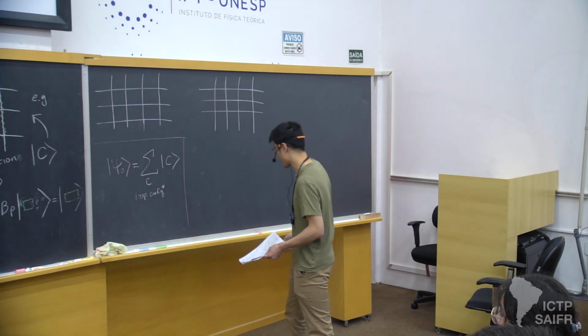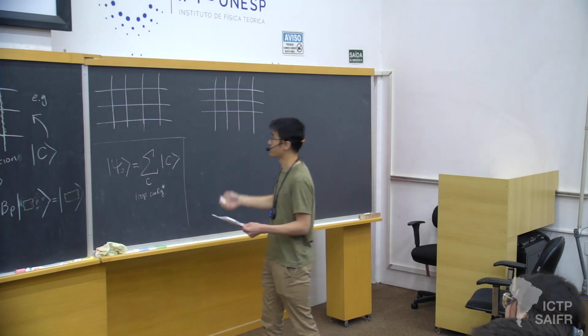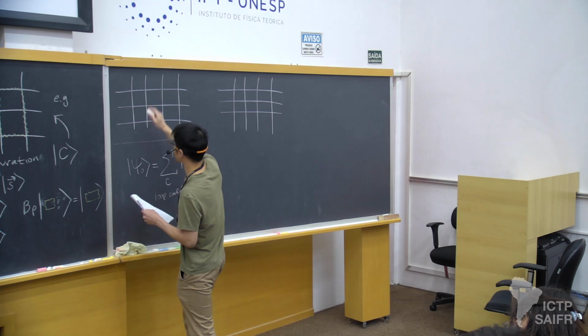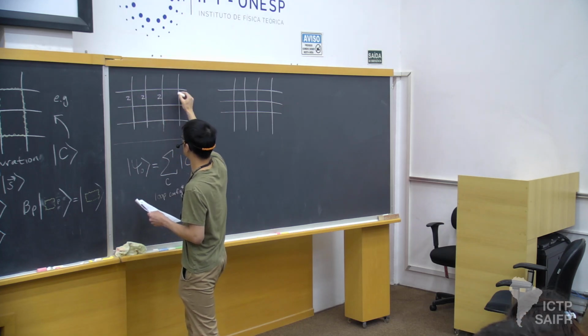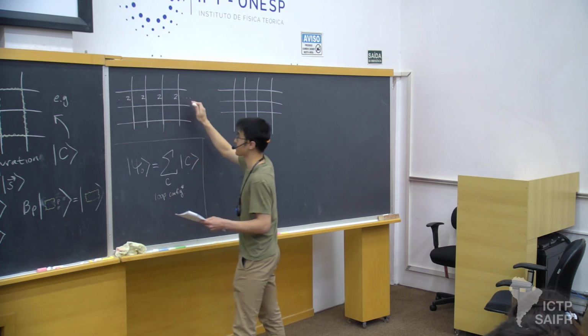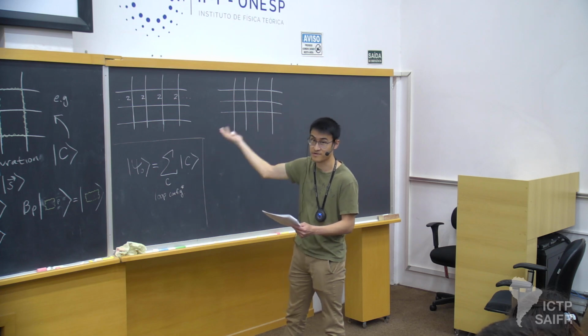Okay, so first let's consider a non-local operator that's a product of Z's. A product of Z's that wraps around, say, the horizontal cycle of this torus.